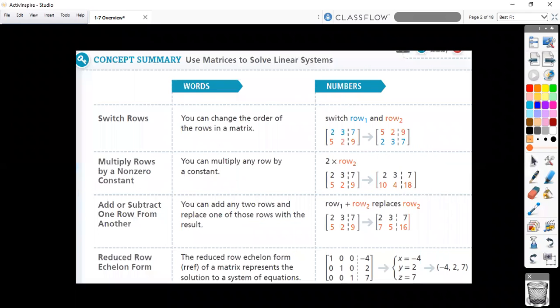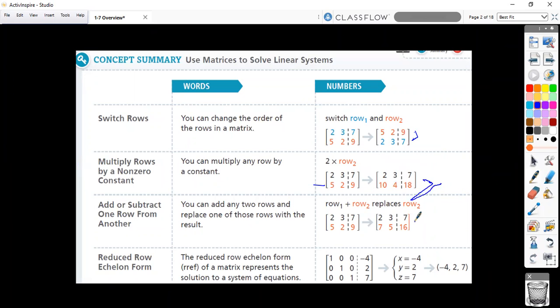So some of the properties, or the things you can do: in this first example, you can just have the rows trade places. In the second one, you can multiply a row by any number. Here they multiplied the second row all by a 2.